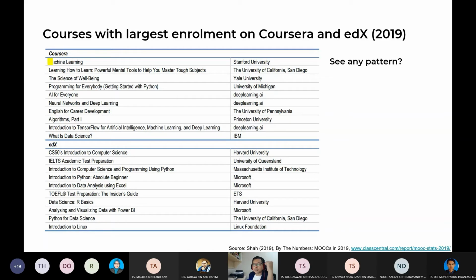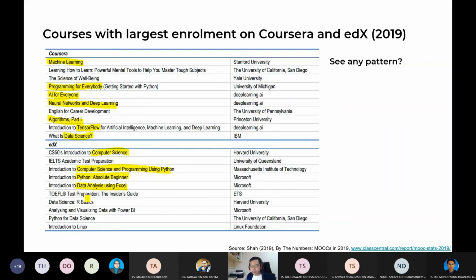Let me highlight a bit. First course, machine learning. On edX, computer science. Programming again. AI, neural networks, deep learning, algorithms, TensorFlow, data science. And then computer science programming, Python, again, Python is really popular. Even Excel, don't underestimate Excel.